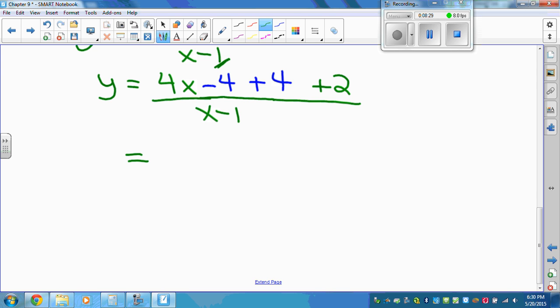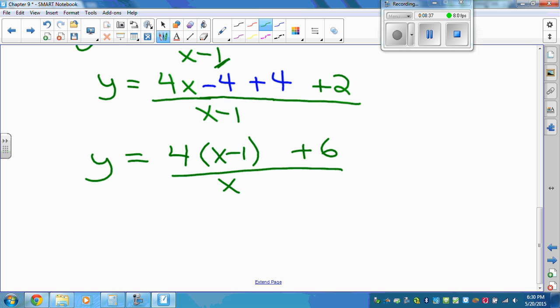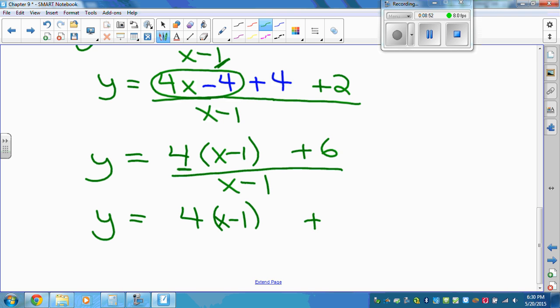Here on the top, this can now become 4 times x minus 1 plus 6, over x minus 1. All I did is zero in on these first ones. I took out the common factor of 4 and was left with x minus 1. Now I'm going to split up this fraction the way I'm allowed to.